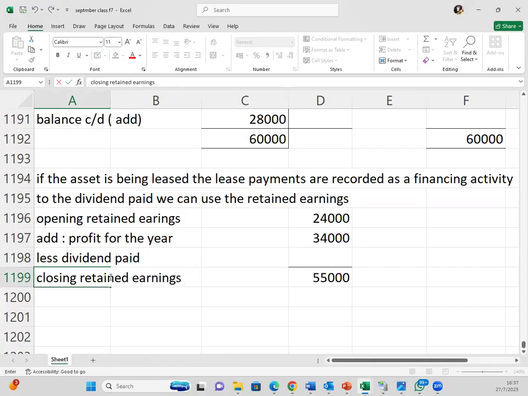So the dividend paid would then be the balancing figure. We started with 24, we added 34, and we subtracted the dividend paid, but we now remain with 55.